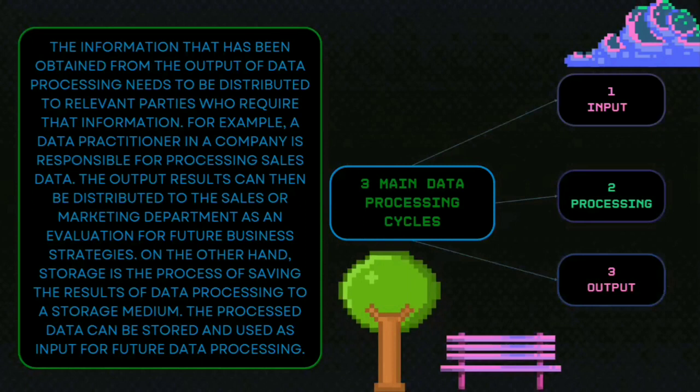On the other hand, storage is the process of saving the results of data processing to a storage medium. The processed data can be stored and used as input for future data processing. The 3 main data processing cycles are divided into input, processing, and output.